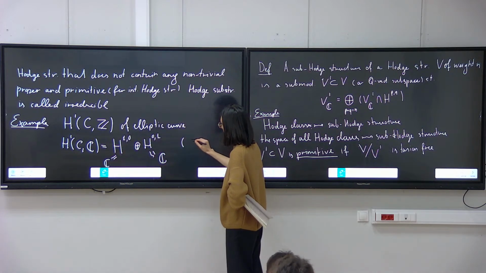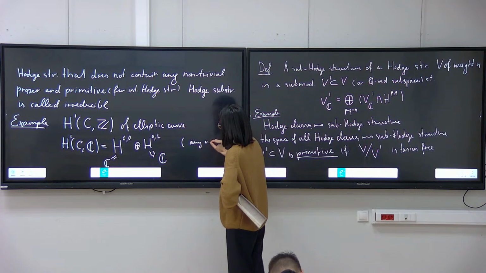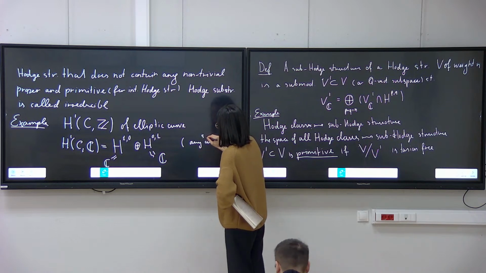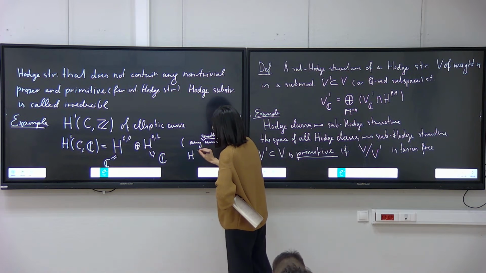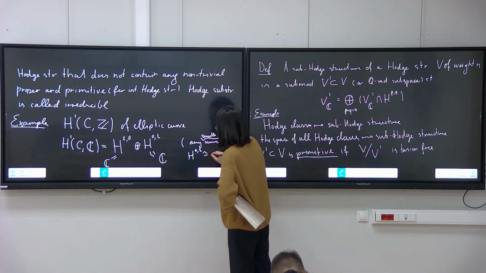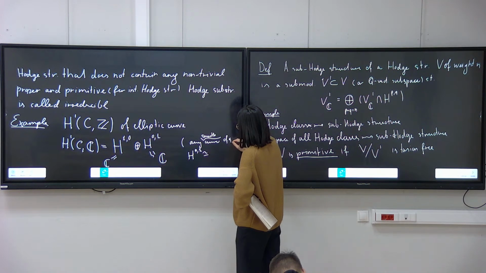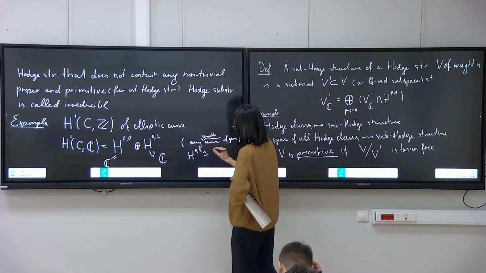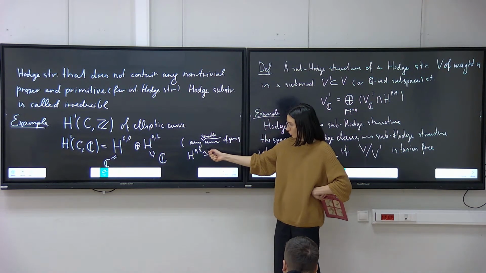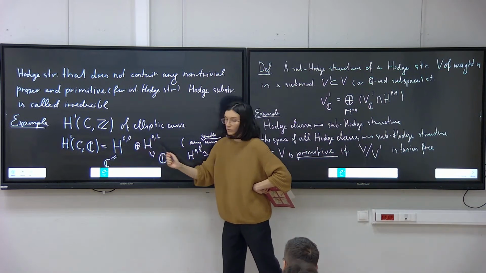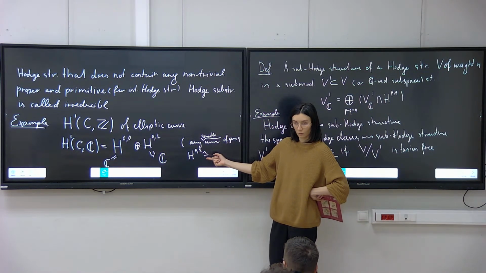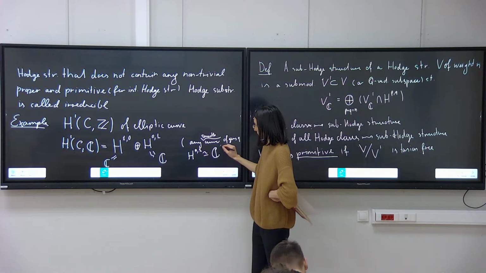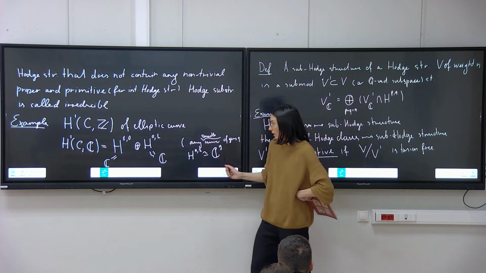Generally, for any smooth curve of genus g, this is H^{0,1} or H^{1,0}. What is its dimension? g. Here we take C^g.